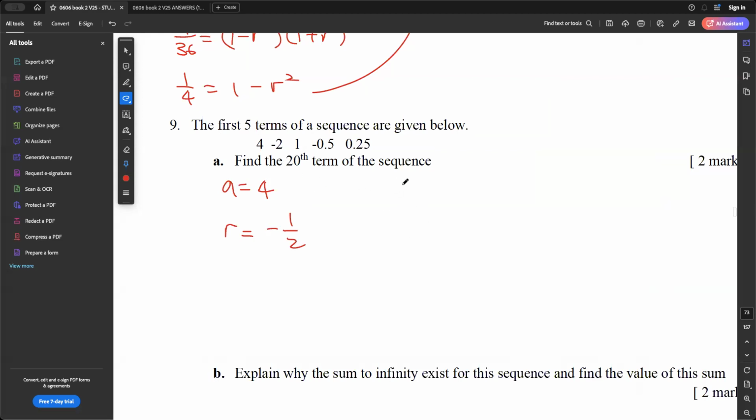The term formula, which is in your formula U, 20 is equals to A times R to the power of n minus 1, which is 20 minus 1. Then substitute this into your formula. I mean, just type this into your calculator. You should get the answer again.